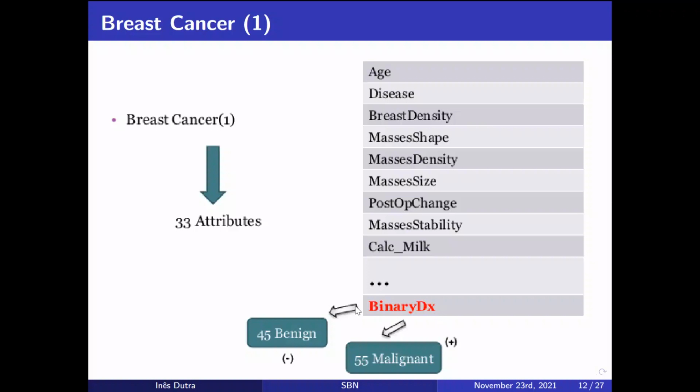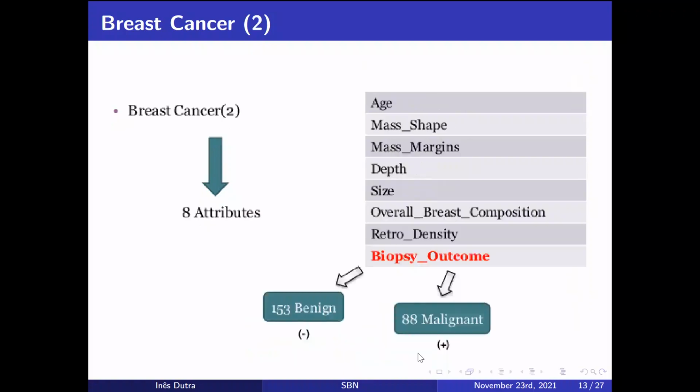For breast cancer number 1, we had 45 benign cases and 55 malignant cases for the biopsies. Although all of those 100 went to excision, only 55 were malignant. After they excised and performed lots of tests, they found this out.